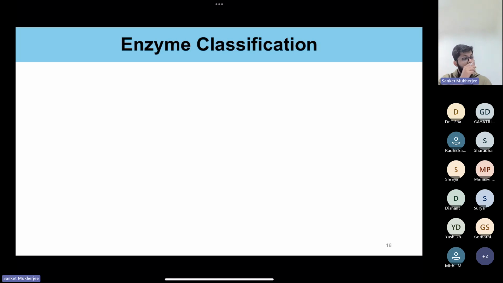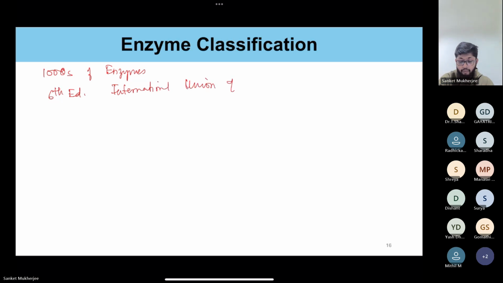So essentially, there are thousands of enzymes in a single cell, right? And the sixth edition of the International Union of Biochemistry and Molecular Biology categorized 3196 different enzymes.